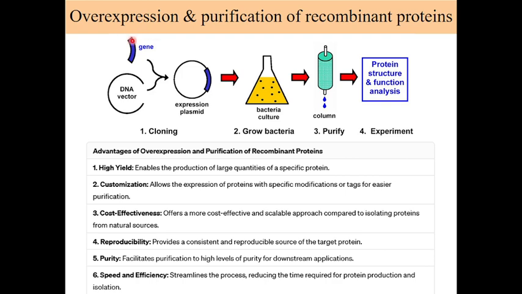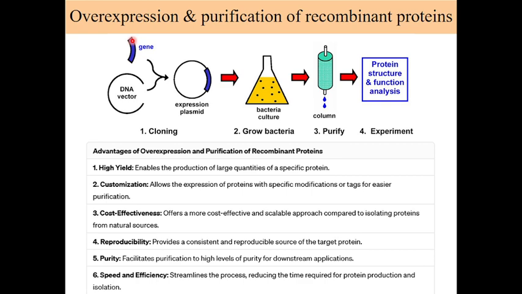Okay, so what happens, we insert this particular gene that is coding for the desired protein into a DNA vector. So what is a vector and how is it different from a plasmid? A plasmid is a double-stranded circular DNA and it is natural, okay, but a vector is one which is modified.